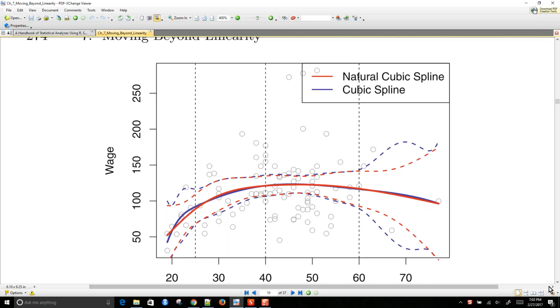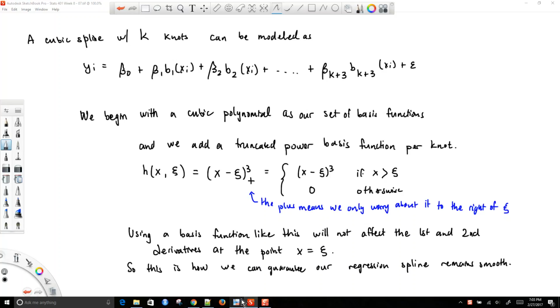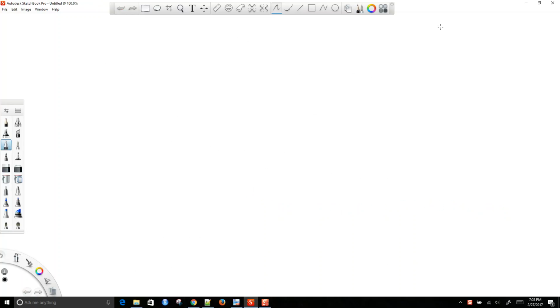A related but slightly different method is the smoothing spline, so let's cover that here. We have the regression spline, and now we'll talk about the smoothing spline. With a smoothing spline, we're going to try to minimize the residual sum of squares.